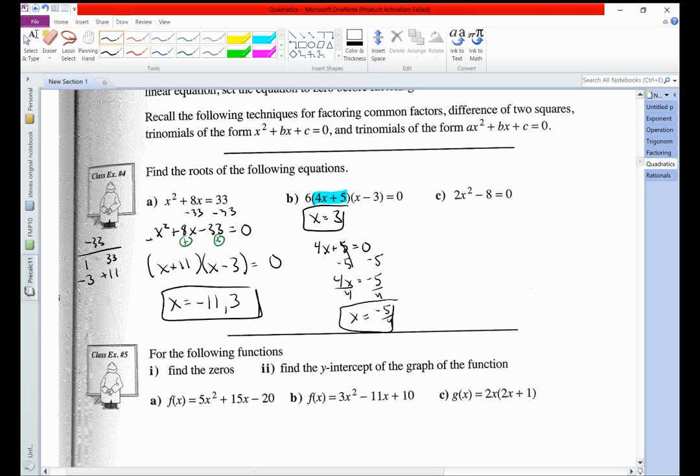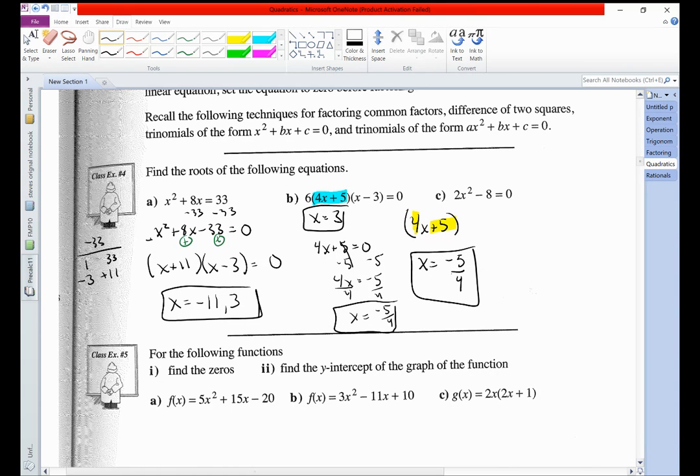But there's a quicker way to do this. If 4x plus 5 is one of your factors, to find the root you can say x is equal to, change the sign of the last one. So instead of +5, we have -5, and divide by the first number.